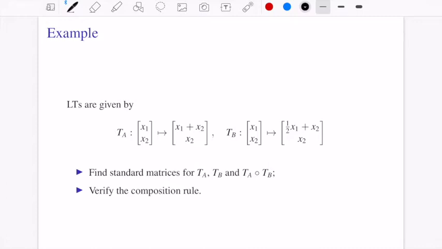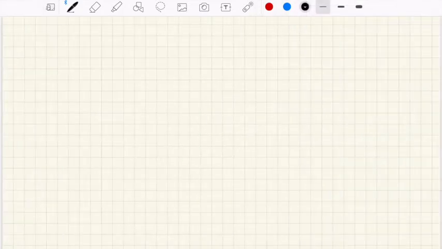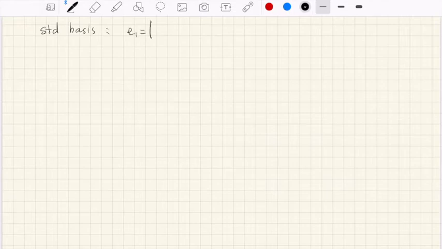What it means is, for the R2 space, the two-dimensional vector space, the standard basis consists of two vectors. One is E1, which is (1, 0), and another one is E2, which is (0, 1).